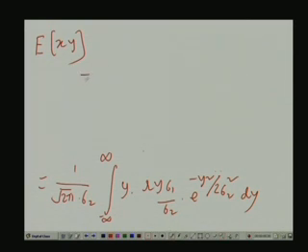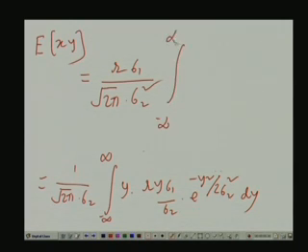So, this gives rise to r sigma 1 sigma 2, okay, and this y square. So, r goes out, sigma 1 goes out, okay, and now we have a y square.